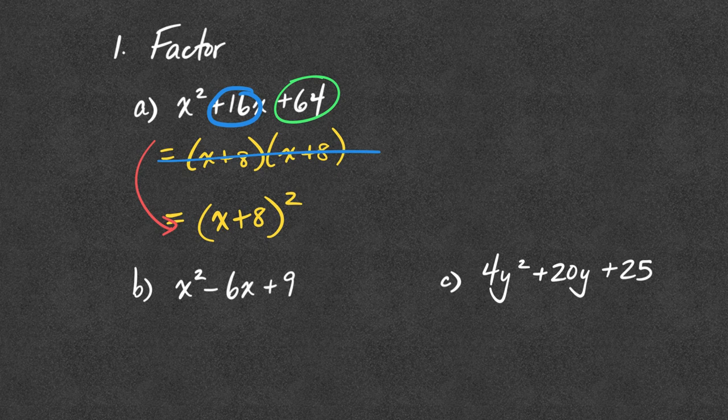Okay, so we can see what I'm talking about. Let's take a look at B. You take a look and you recognize you have 3 terms. The leading coefficient is a 1, so it's a simple trinomial. Your eyes go to the 9, and as soon as we see the 9, we want to elevate, hey, 9's a perfect square. That's 3 times 3. And then take a quick peek at the middle.